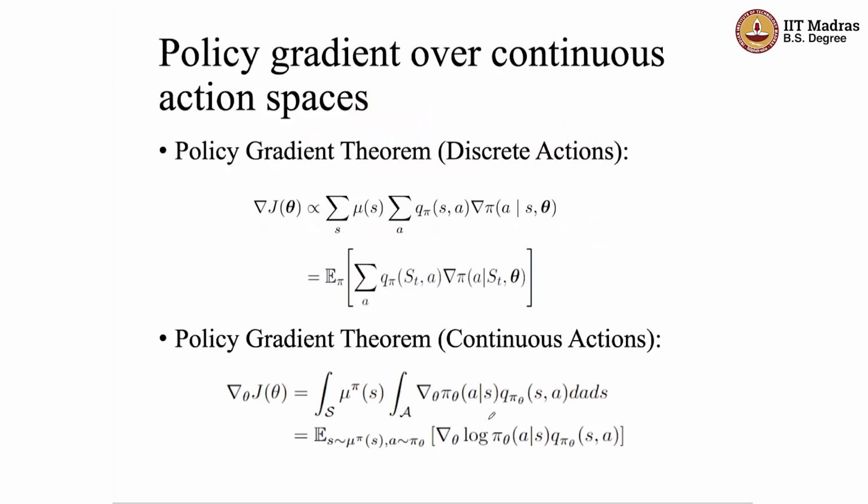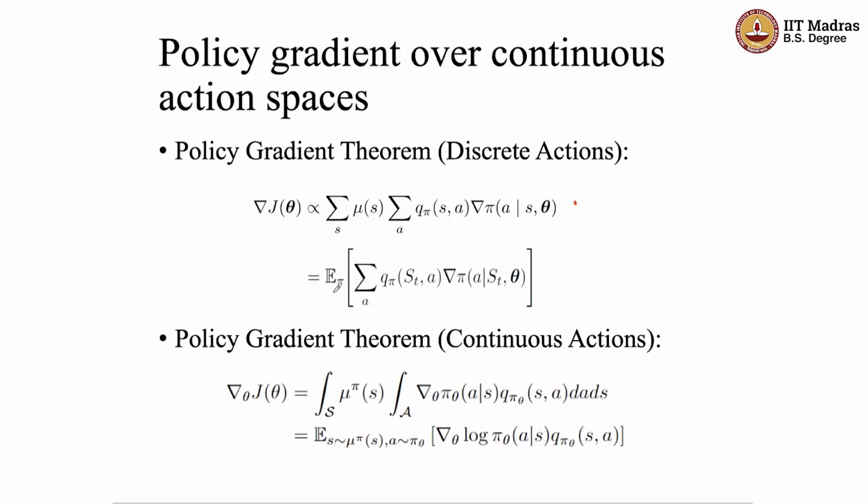Before we go there, just to recap, this is the policy gradient theorem. So you have a summation over A of Q pi times the gradient of pi, and a summation over mu of s, where mu of s is a distribution of the states under the policy that you are looking at.